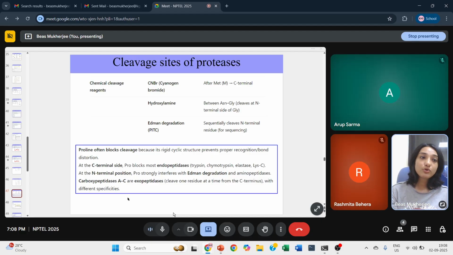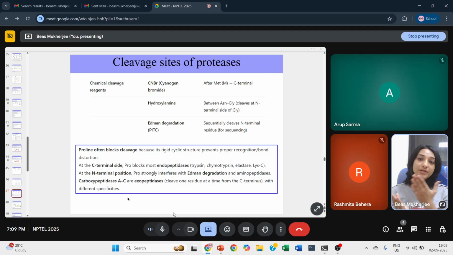Now proline often blocks cleavage because its rigid cyclic structure prevents proper recognition or bond distortion. At the C-terminal side, proline blocks most endopeptidases such as trypsin, chymotrypsin, elastase, and lysine. At the N-terminal position, proline strongly interferes with Edman degradation and aminopeptidases.